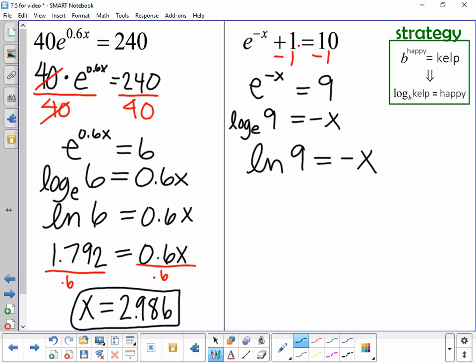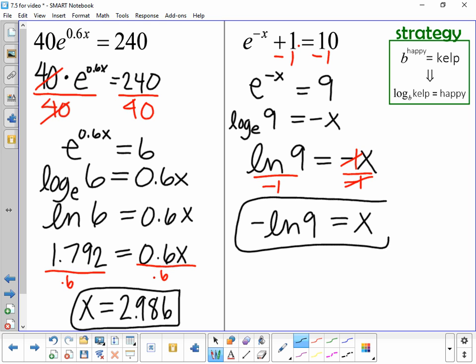Sometimes this throws people for a loop when we've got a negative x here. There's lots of ways that you could think of this. I'm going to think of it as a coefficient of negative 1, so I'll divide by negative 1. So the natural log of 9 divided by negative 1 is just negative natural log of 9. That's now equal to x.